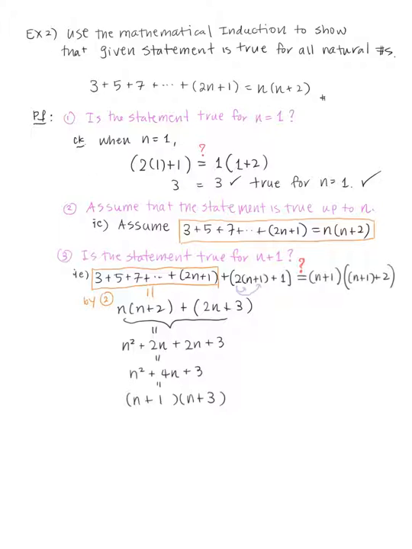Alright, so now let's just take a look at the right hand side of it. Isn't this exactly equal to the right hand side? Because look, this is the same thing as n plus 1 and then n plus 3. So guess what? We're done. So we could say that this equals the right hand side. Check. So therefore the statement is true for n plus 1. So I'm going to write therefore true for n plus 1. Check.